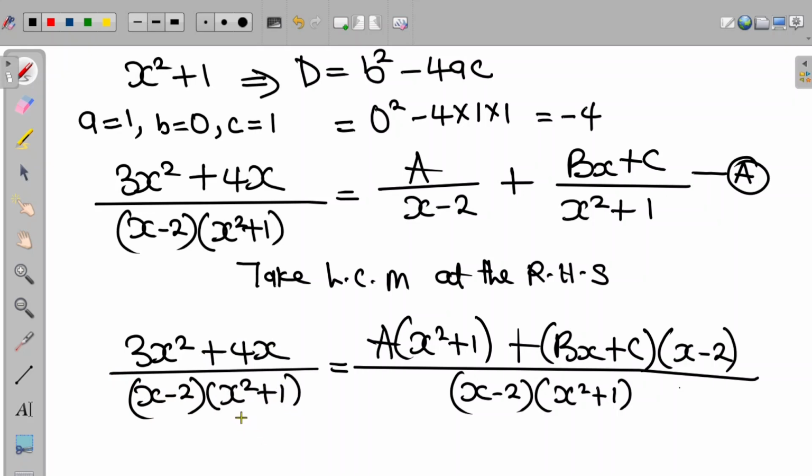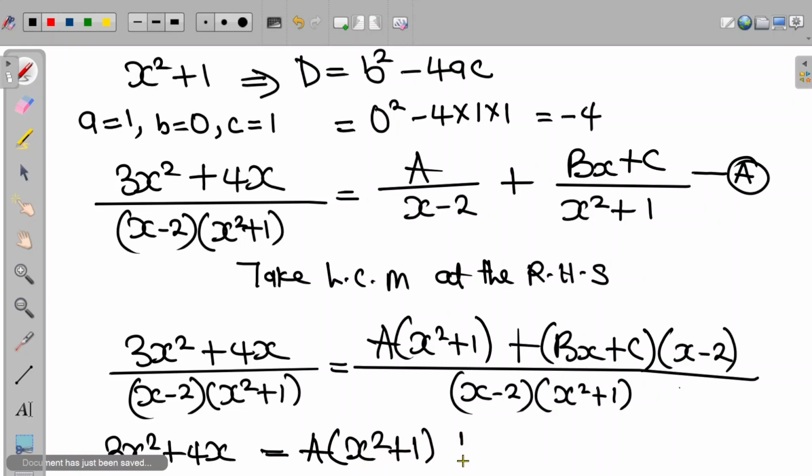Now, looking at the left-hand side and the right-hand side, we can notice that their denominators are the same. Thus, we equate the numerators. So we have 3x squared plus 4x equal to A(x squared plus 1) plus (bx plus c) multiplied by (x minus 2).